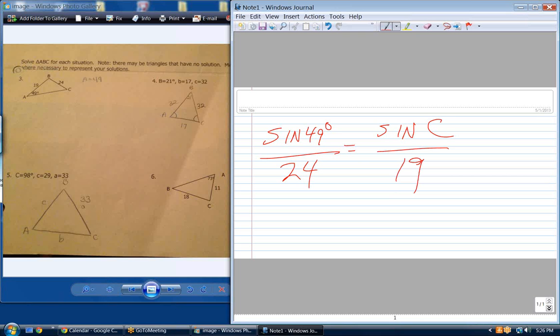Have your calculator? Yep. So let's solve it. The sine of C is going to be 19 times that. So I get sine of C equals what?